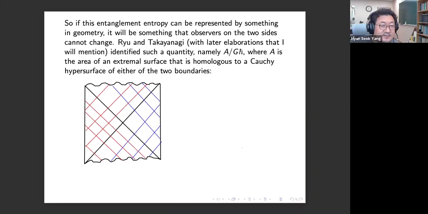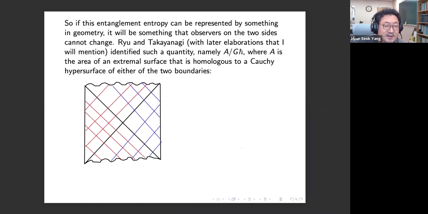So may I ask a question? Yeah, sure. A gravitational system is described by the Ricci tensor and the Weyl tensor, and the Ricci part is described by the matter field. But suppose that some gravitational system is described purely by a Weyl tensor part.